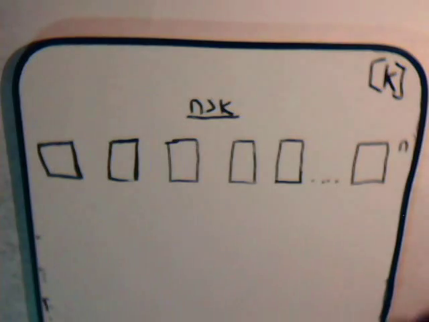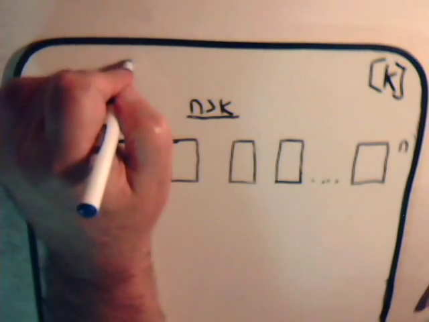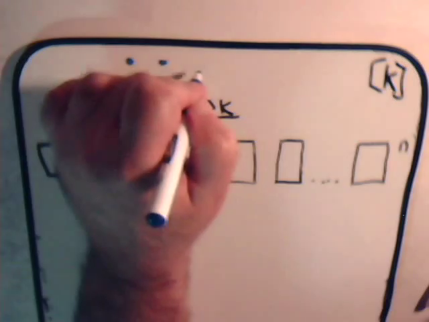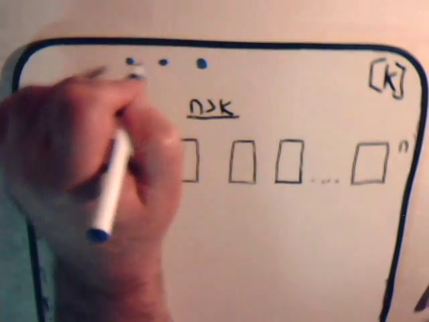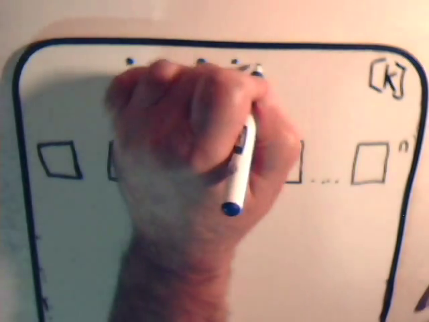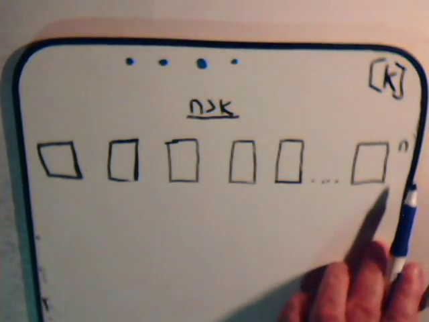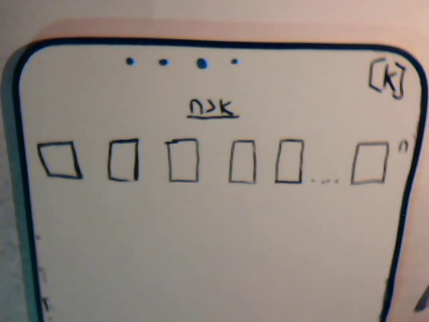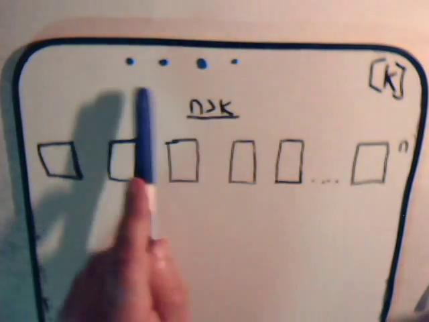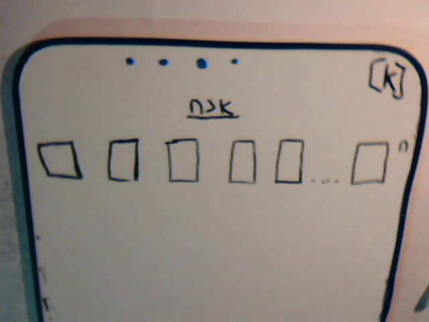So let's just say that our objects are like this. These are all identical objects now. And we have k of them, and n boxes, and we have more boxes than objects. We place only one object in each box. So each time we do this, we're going to have some empty boxes left over. But now, if we have identical objects, how many different ways can we do this?